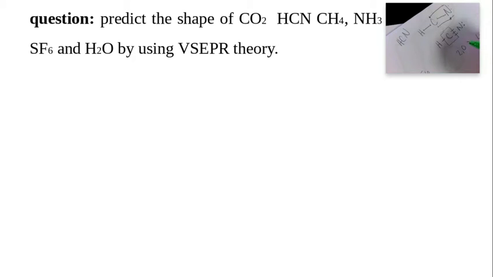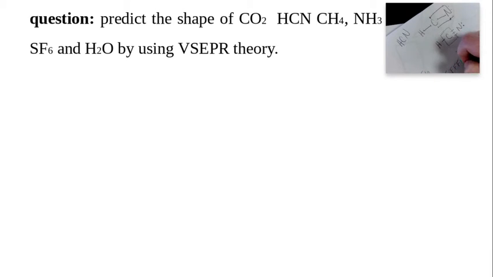So we have here sulfur has 6. 1, 2, 3, 4, 5, 6. Fluorine, of course, each one has 7 because it's in group 7.